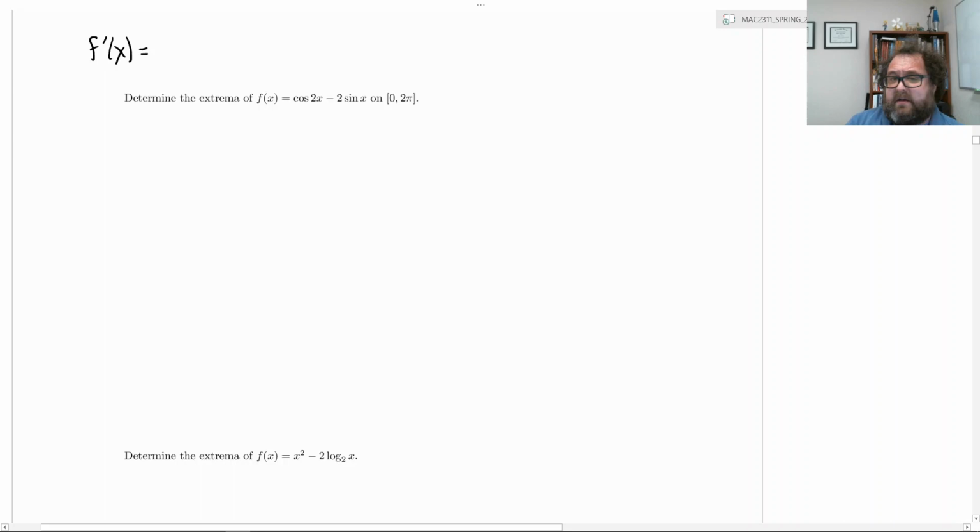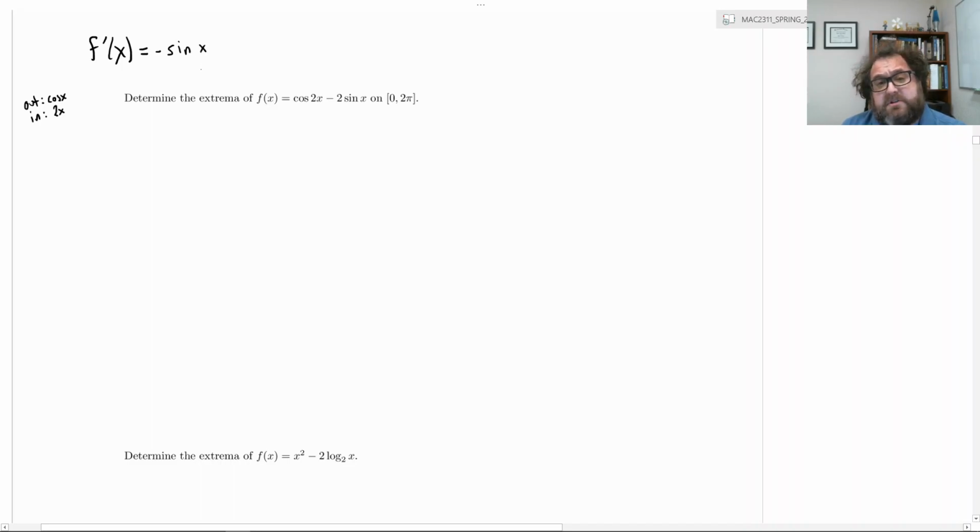There we certainly have, let's see, what's the outside function? The outside function is cosine x, and the inside function is 2x. So we have to apply the chain rule. The chain rule says you take the derivative of the outside function. The derivative of the outside is negative sine x for the first step of the chain rule.